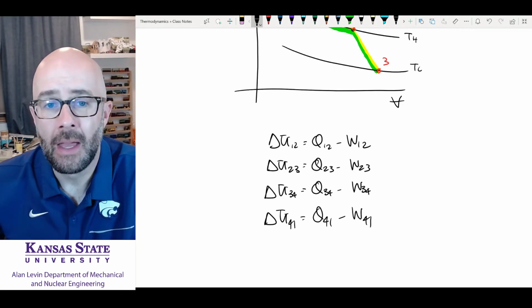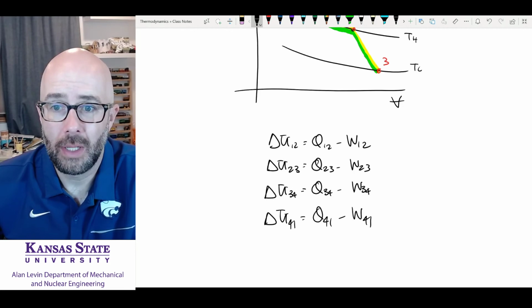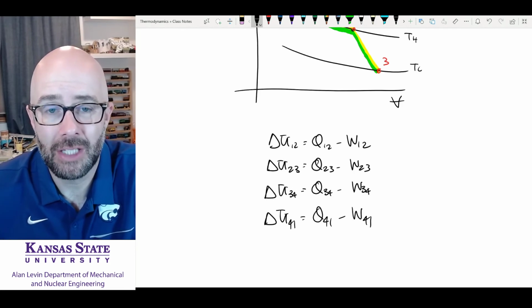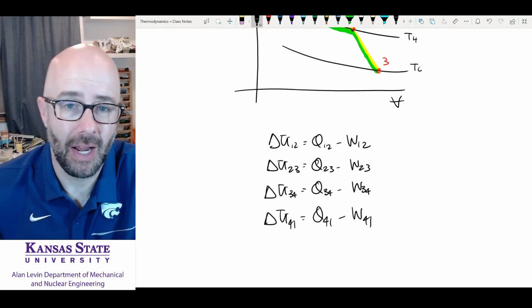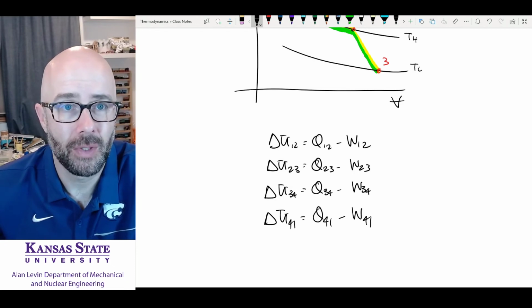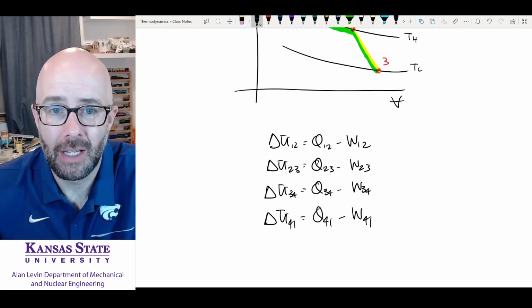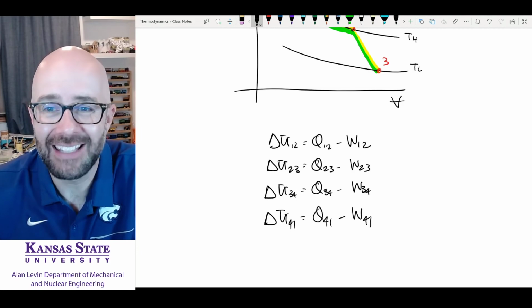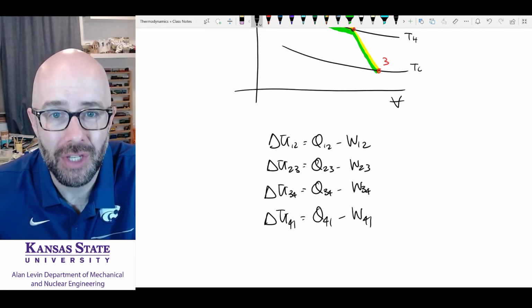Okay. Now we know we can eliminate some of these things because some things are adiabatic and some things are isothermal. So the adiabatic Q's we can get rid of. If we're dealing with gases, we know that we can get rid of certain delta U's.